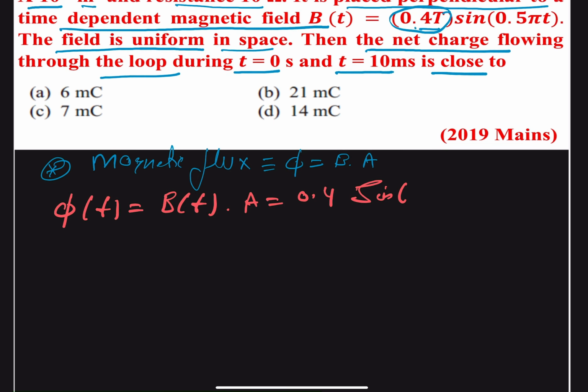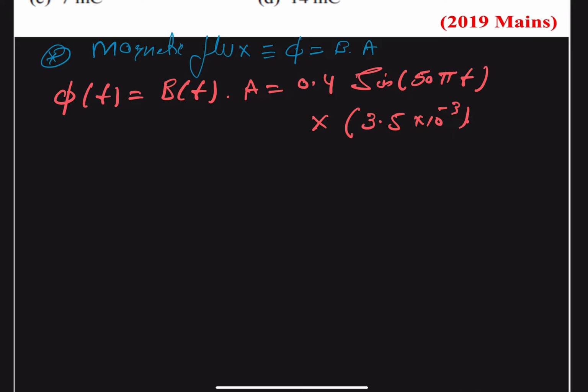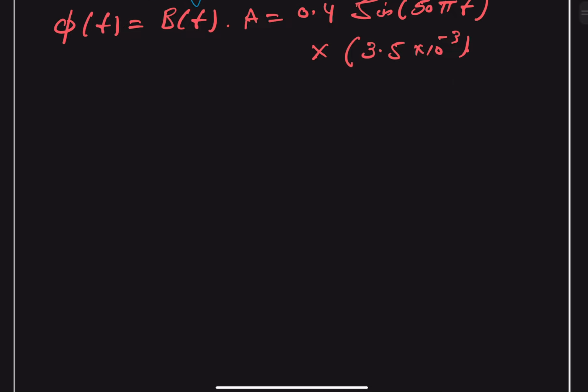And area is given as 3.5 into 10 to the power minus 3, so multiply by 3.5 into 10 to the power minus 3. So we get this as our flux. Phi of t will be equal to 0.4 into 3.5 into 10 to the power minus 3, and we have this as sine of 50 pi t.